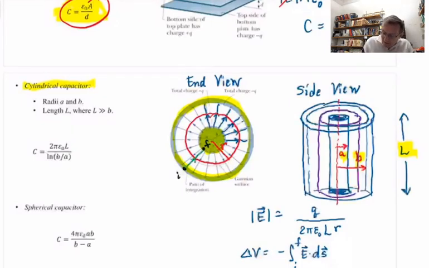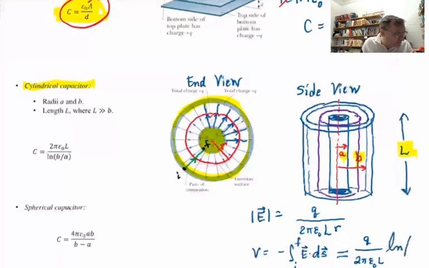The formula you get for the potential difference, and I might as well take out the delta, because that's what everybody does in this chapter, is Q over 2 pi epsilon 0 L. And because of that 1 over r, when you integrate, you're basically integrating dr over r, you end up with, interestingly enough, a natural logarithm of the outer radius b over the inner radius a.